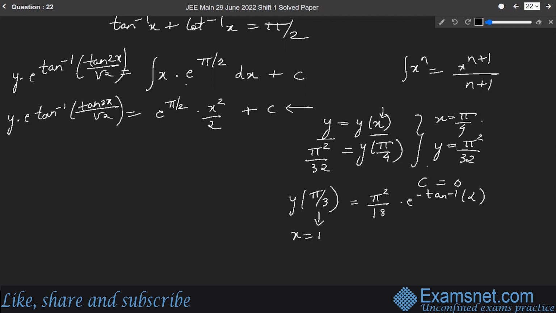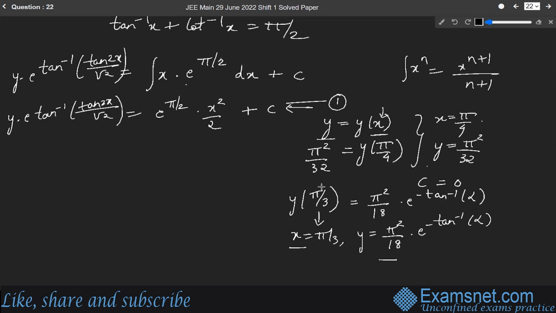It means that when x is equal to pi by 3, then y is equal to pi square by 18 into e power minus of tan inverse alpha. So we have to substitute these values of x and y. Let us consider this as equation number 1.